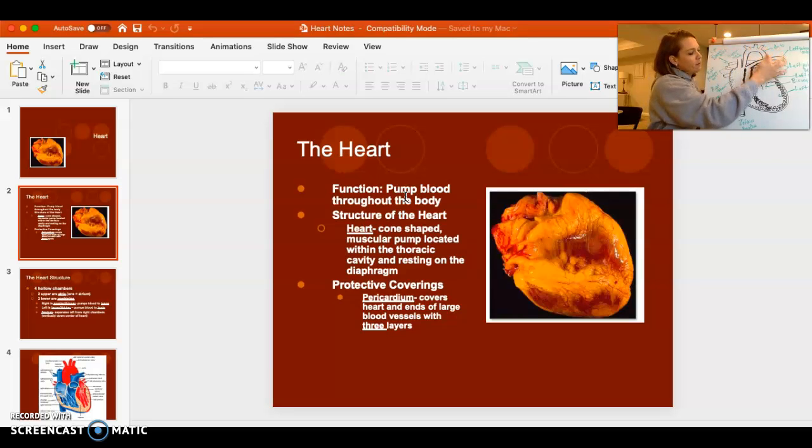But it will pump it out to the rest of the body, and then as it circulates through our body, it is taking up the waste and circulating nutrients and gases that our body needs.